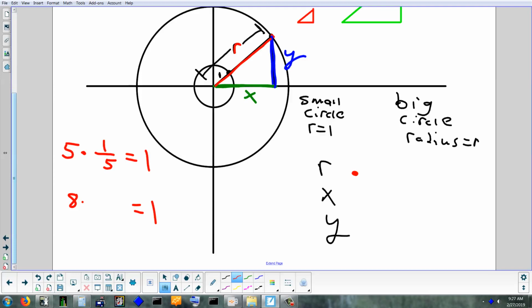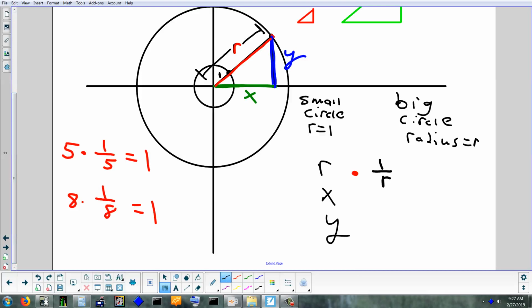What could you scale 8 by to make it exactly a radius of 1? 1/8. So, what if you had a circle of radius r? What could you scale it by to make it a radius of 1? 1 over r.